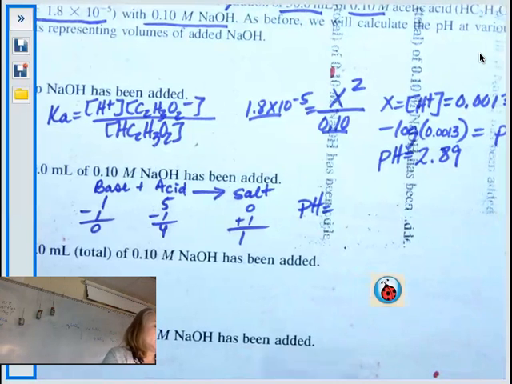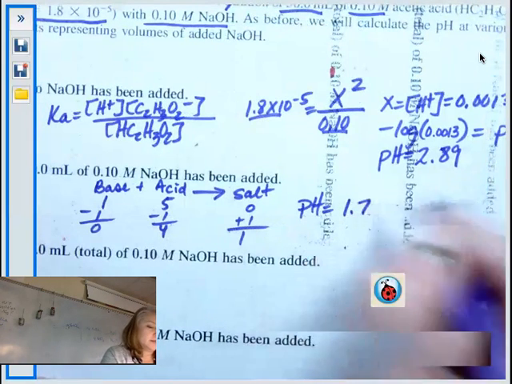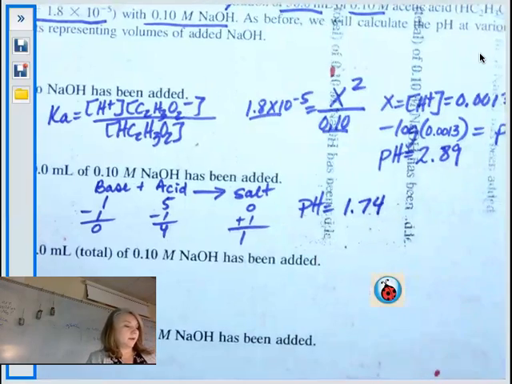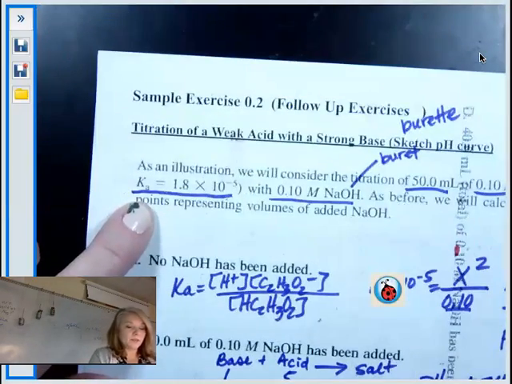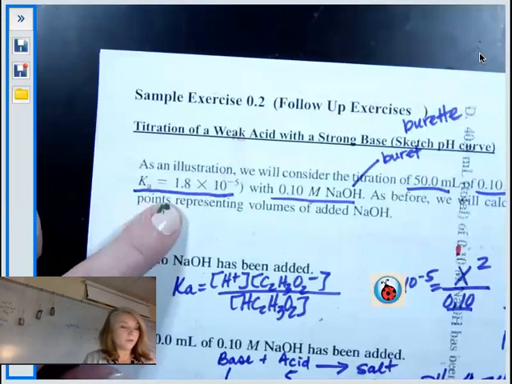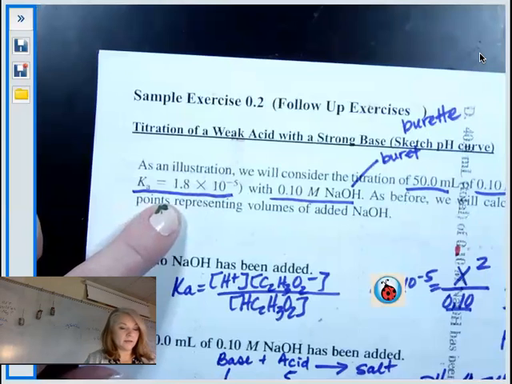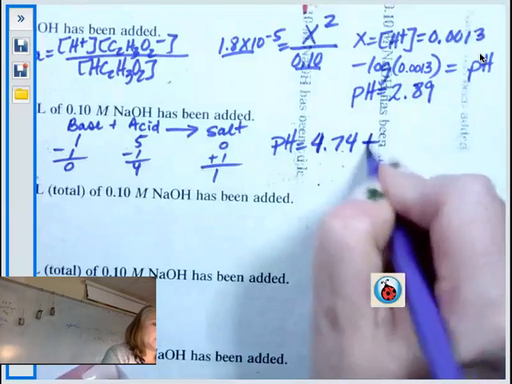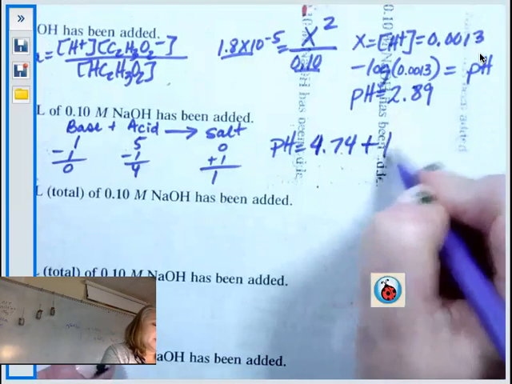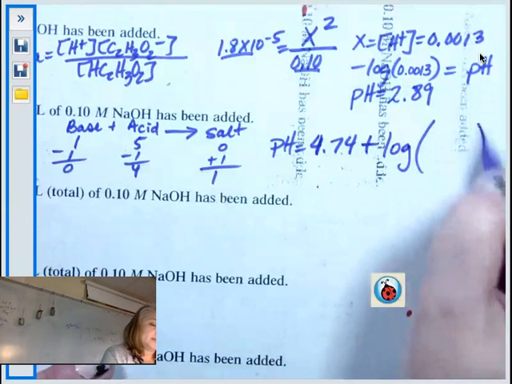You take the negative log of 1.8 times 10 to the negative fifth. 4.74. So take the negative log of your Ka value. That's how you get pKa. That's not pH, that's pKa. I hadn't finished writing the equation. And then plus the log of base over acid.